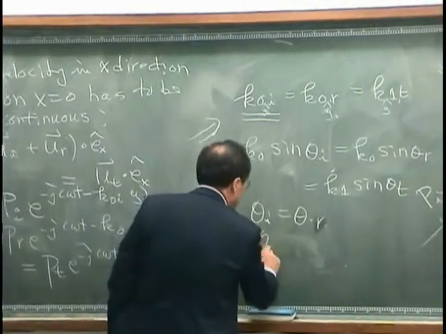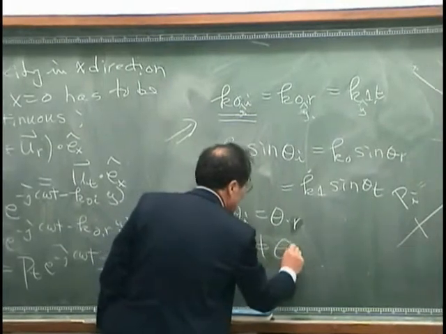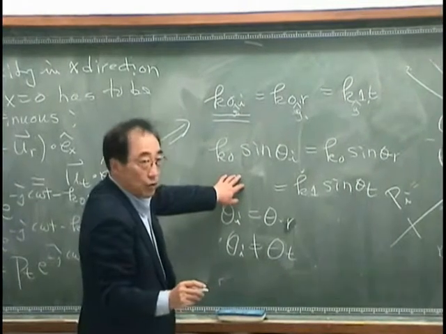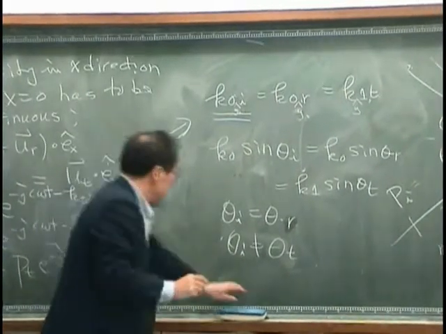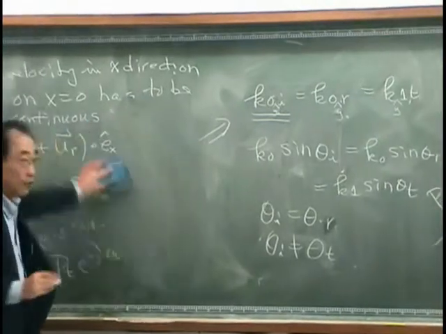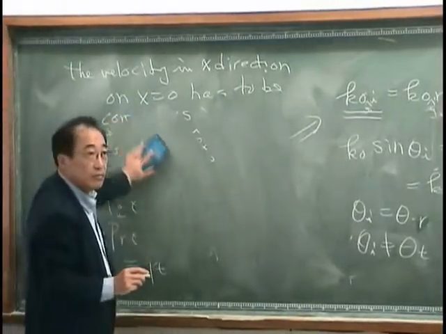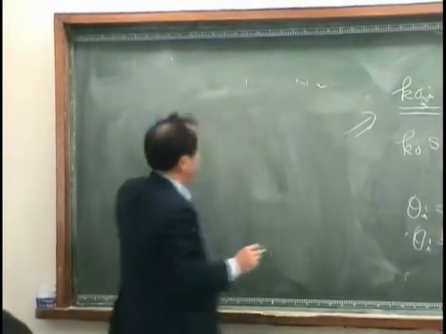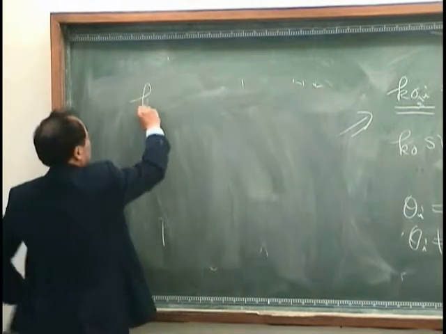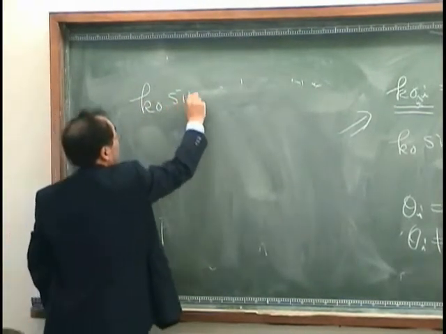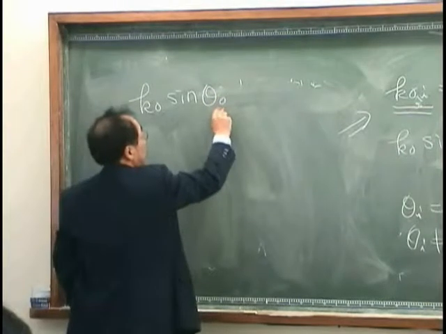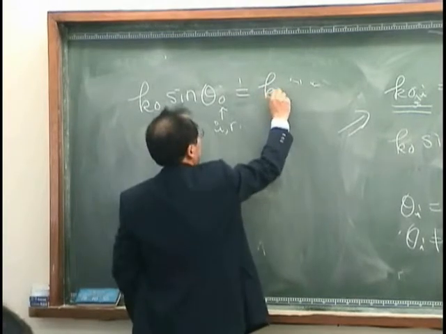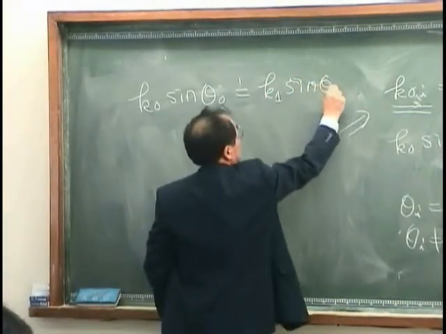But we cannot say theta I is equal to theta T. From this observation, what we can find is the famous Snell's law that says K0 sine theta 0, that means the incident angle as well as the reflected angle, has to be the same as K1 sine theta 1.